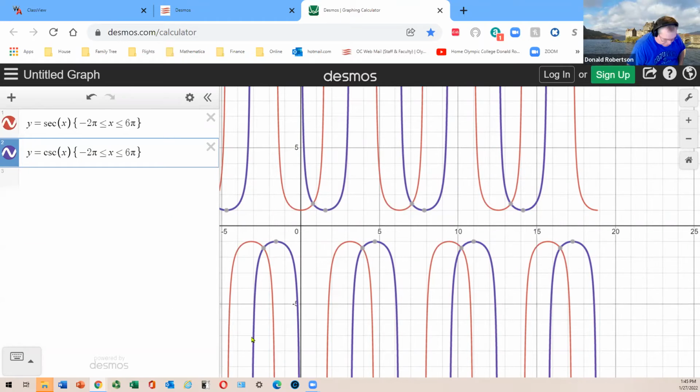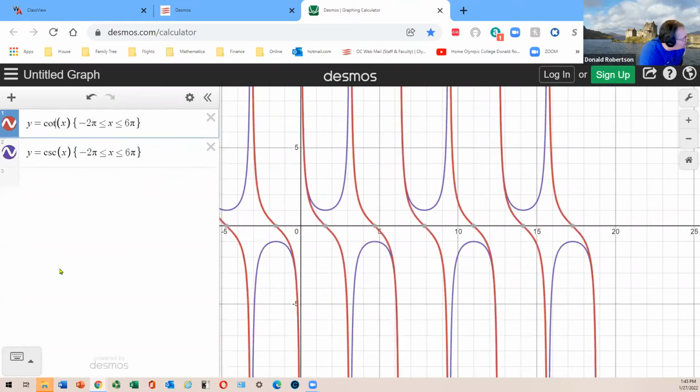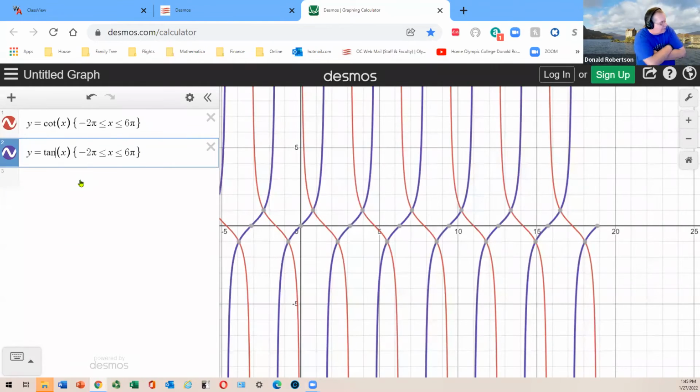I haven't done cotangent yet. There's cotangent. Let's put the tangent next to it. The red guy is the cotangent and the purple guy is the tangent.